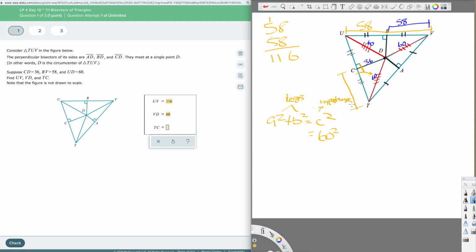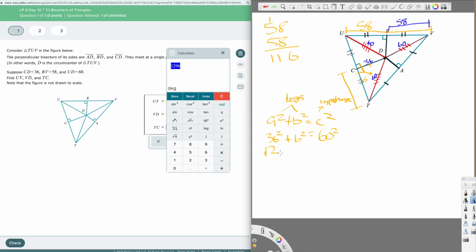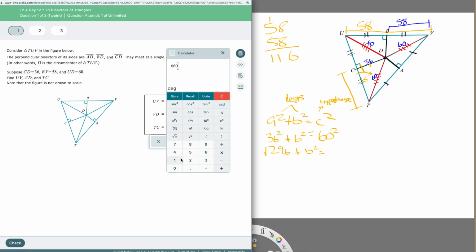So I'll just go ahead and say this is my A, and my B is going to be down here, what I'm looking for. So A is 36, and B, I'm just going to leave b squared for now. So I'm going to go ahead and use my calculator for this. So I have 36 squared, oh, it doesn't look like I have a square button, equals 1,296 plus b squared equals 60 squared.